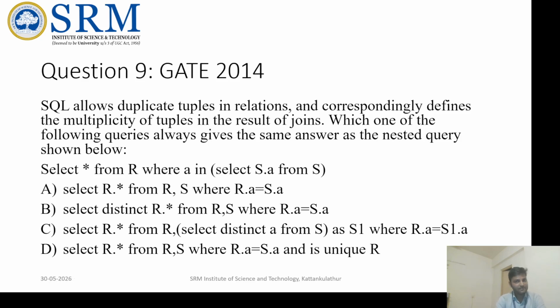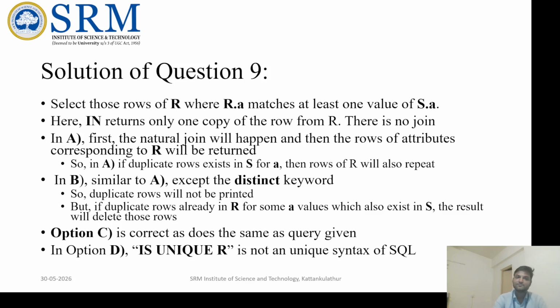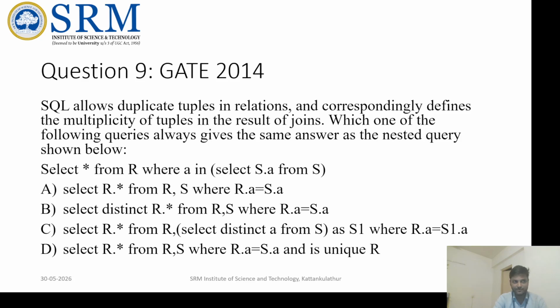If it is equal, then only, at least one A value in S. Okay. Now we have to consider all the options. If we understand clearly the question, then we can go for the options.